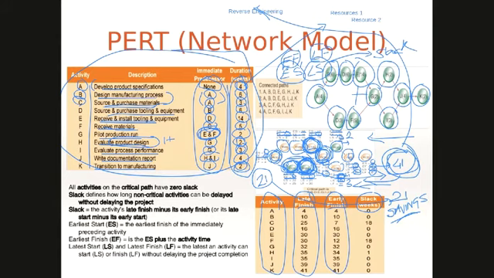So as you start looking at it, this says A, late finish is 4, early finish is 4, which means the slack is 4 minus 4, which is 0. B is also very similar. Latest finish is 10 weeks, and early finish is 10 weeks, which means it has 0 slack.